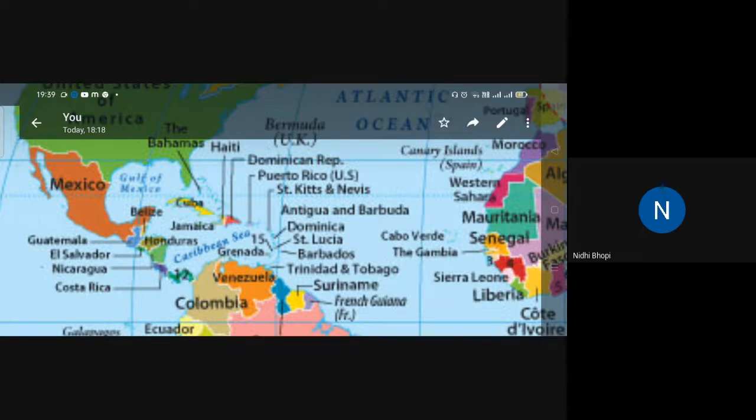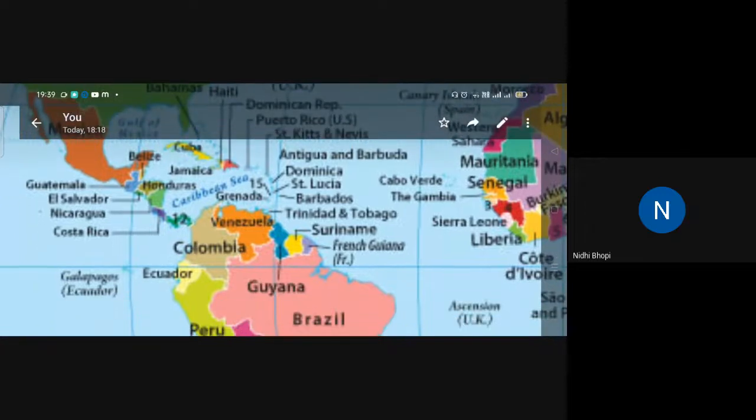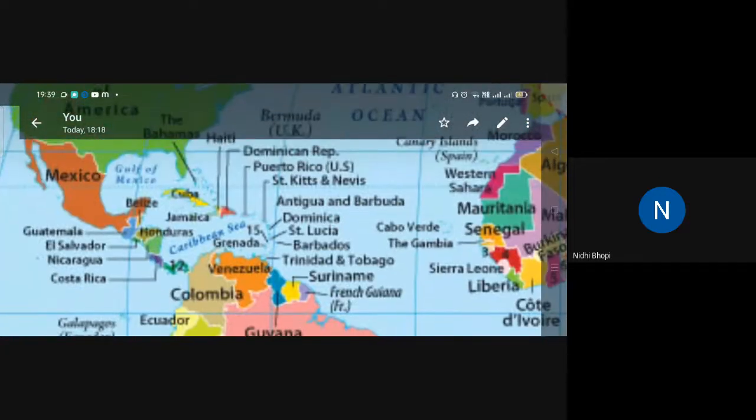Now, all these countries which you see, they come under Caribbean island. Another name for it is West Indies. Isn't it? So from this Caribbean island becomes the West Indies.